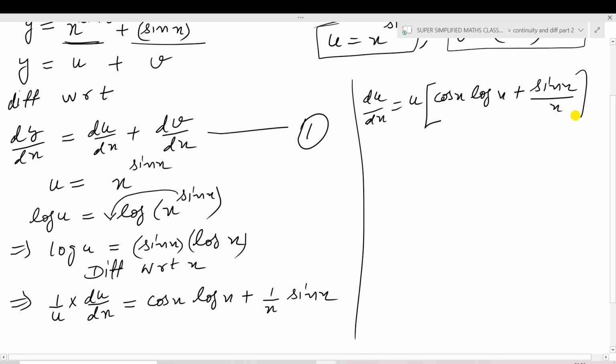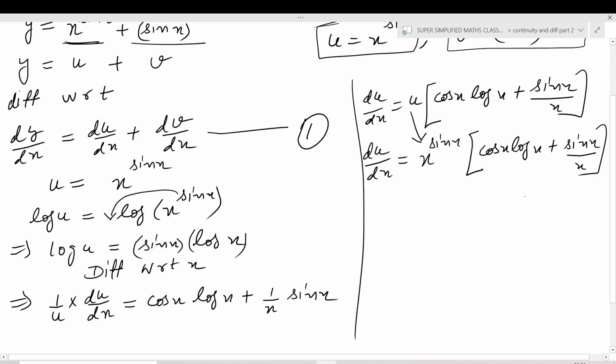And in the last step, we shall substitute in place of u its value. So we get du by dx is equal to x raised to the power sin x into cos x log x plus sin x upon x. So students, this is equation number 2, and this equation gives you the value of du by dx.